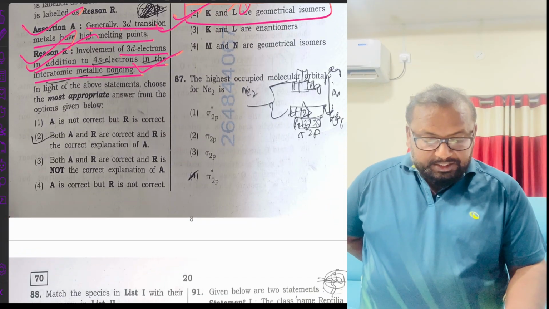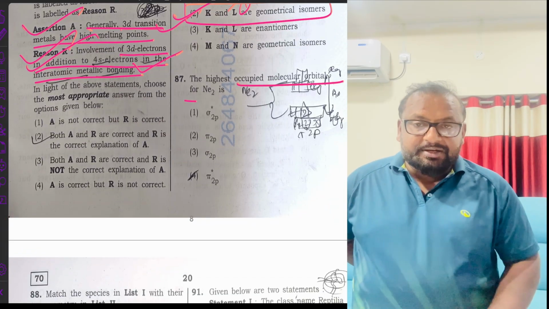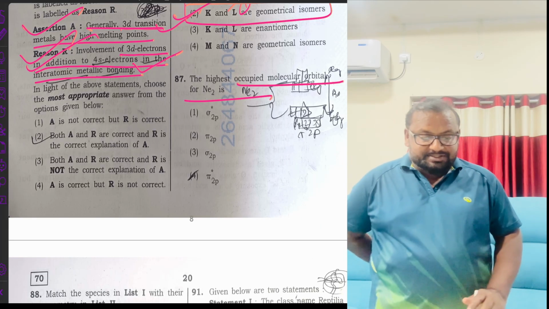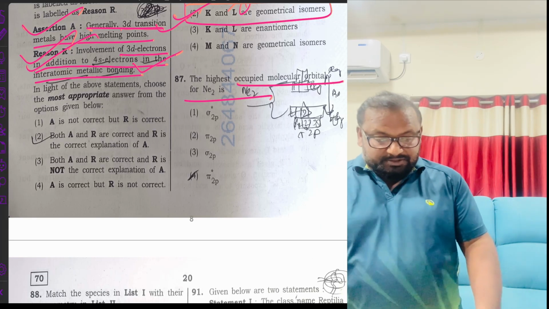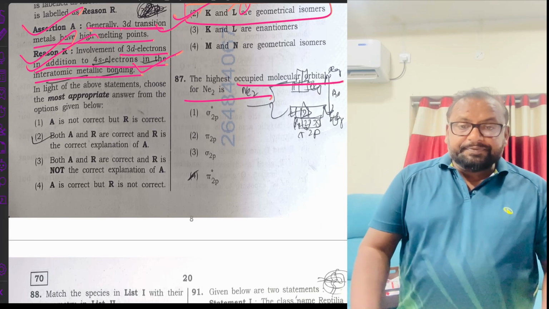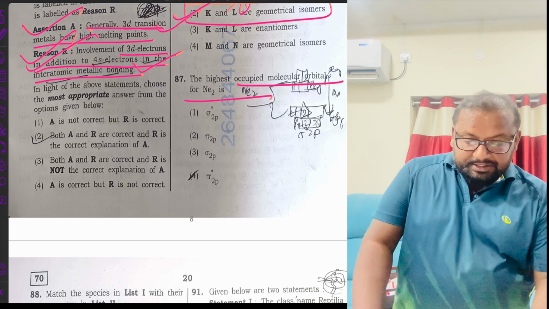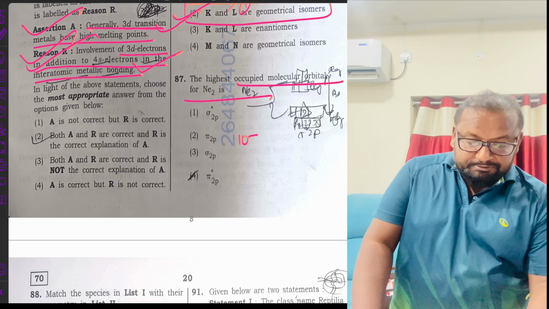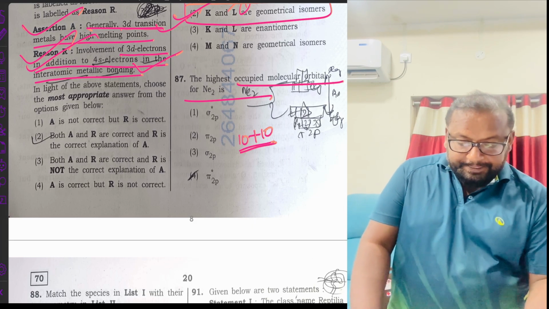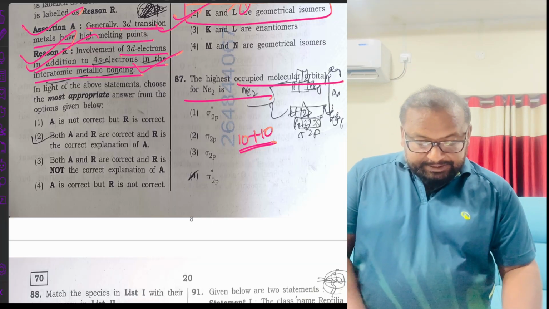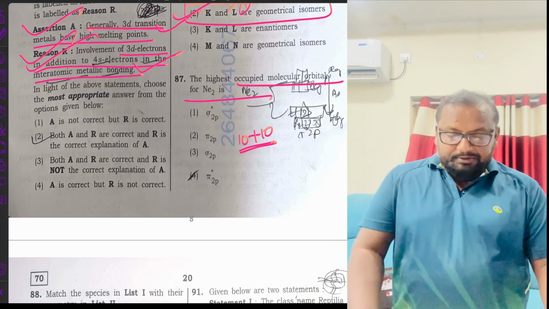So next one, the highest occupied orbital in neon. Neon has 10 plus 10, 20 electrons, so it has to be completely full.